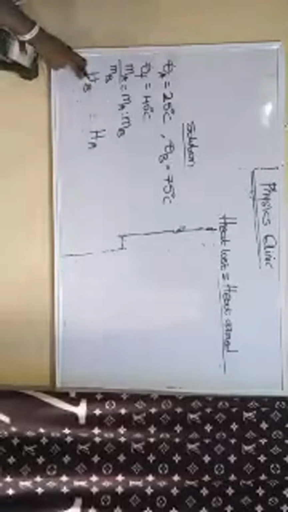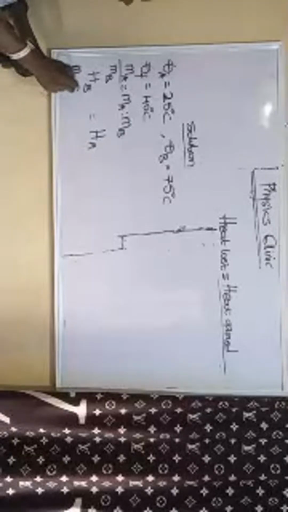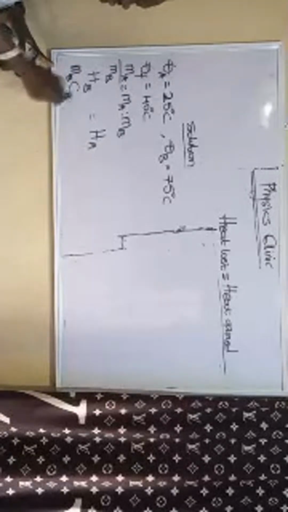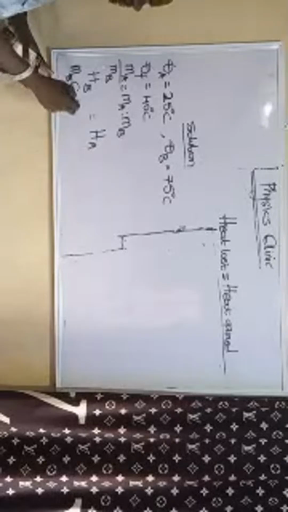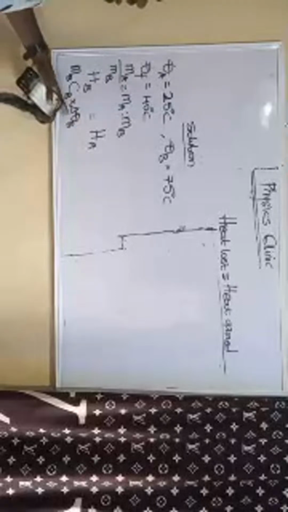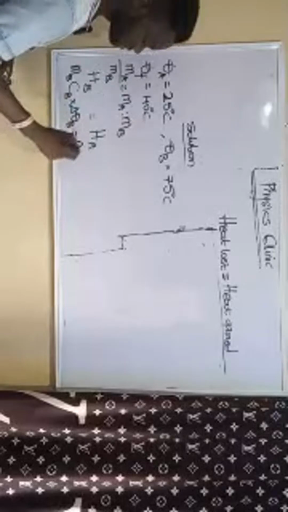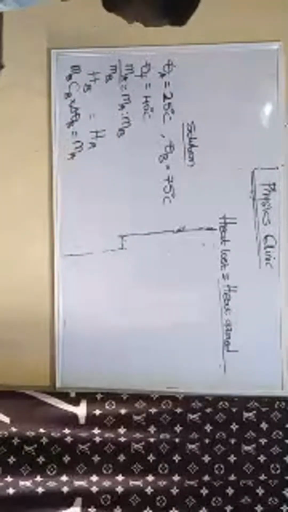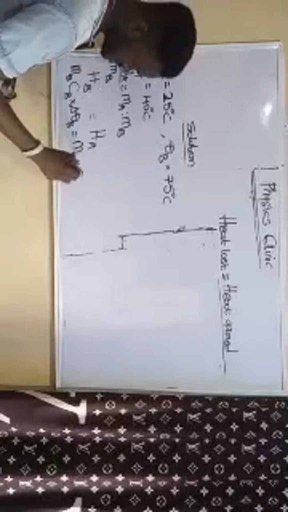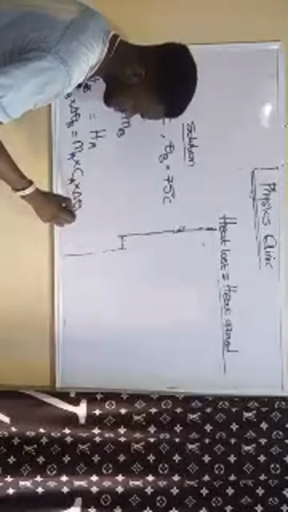So what is my heat lost by tap B? It's going to be the mass of B times the specific heat capacity of B times the temperature change that tap B went through, delta theta B. All of this will be equal to the mass of water from tap A times the specific heat capacity of water from tap A times the temperature change that tap A undergoes.